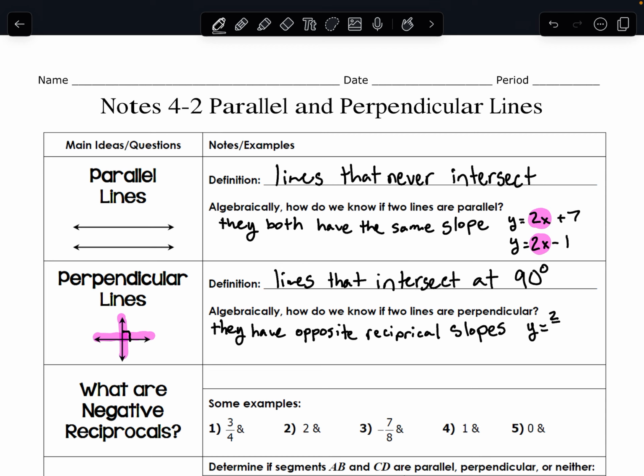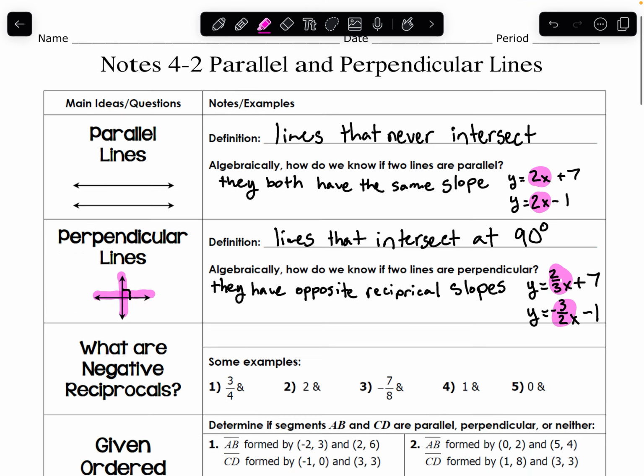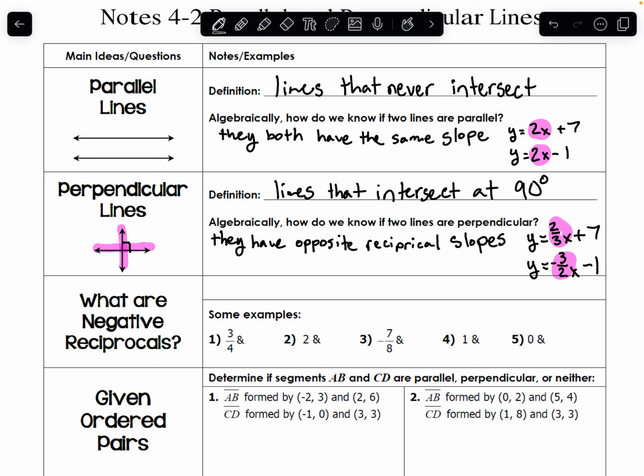What that looks like is y = 2/3 x + 7, and the opposite of that would be y = -3/2 x - 1. The opposite of positive is negative, and the reciprocal is the flip, right? So when we're talking about negative reciprocals, or opposite reciprocals, we flip it, right?